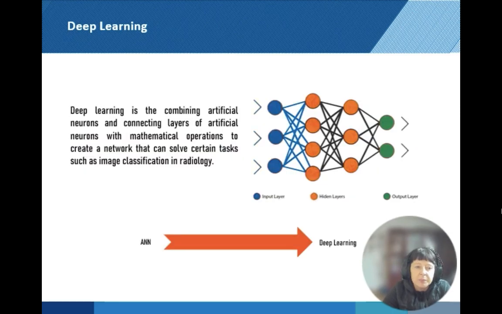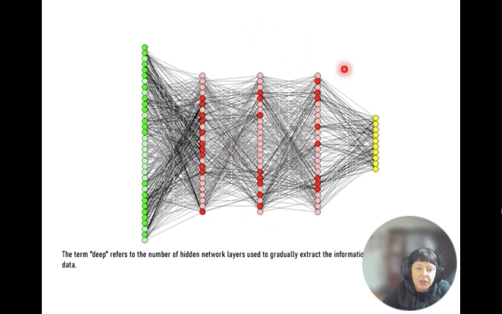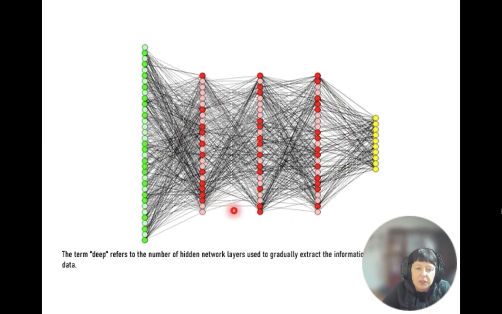Deep learning is combining artificial neurons and connecting layers of artificial neurons with mathematical operations to create a network that can solve certain tasks such as image classification in radiology. And the more layers there are between the input and the output, the more precise the results are. So the term deep refers to the number of hidden network layers used gradually to extract information from the data.